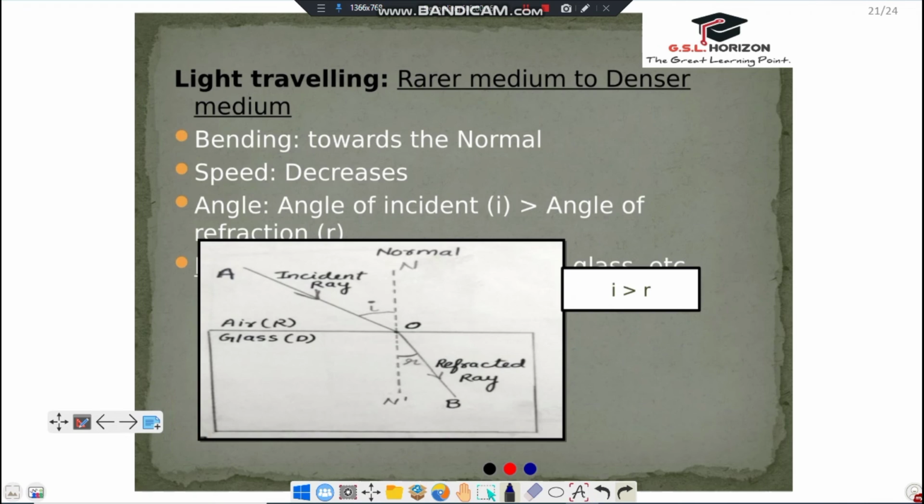So guys, light traveling from rarer medium to denser medium. In this case, the bending of light is towards the normal.